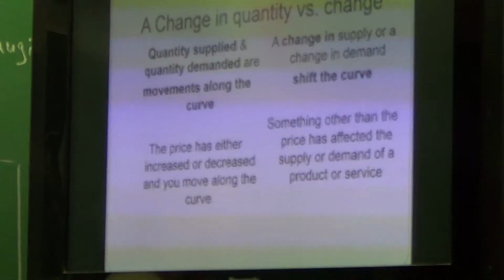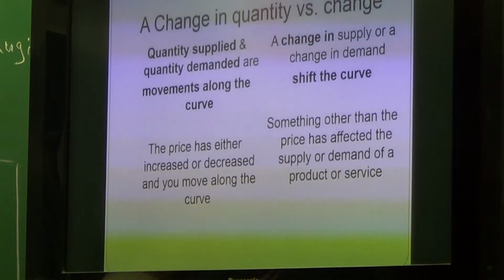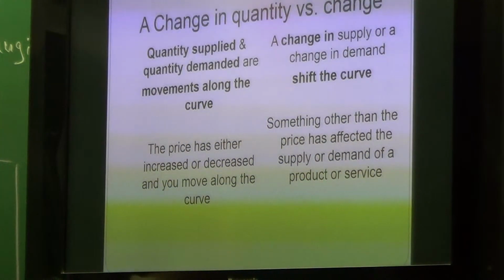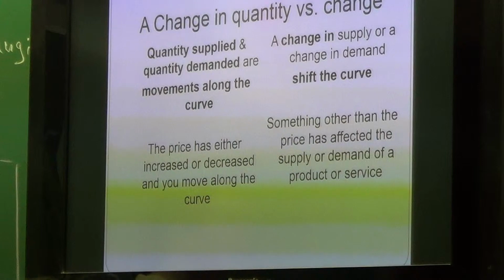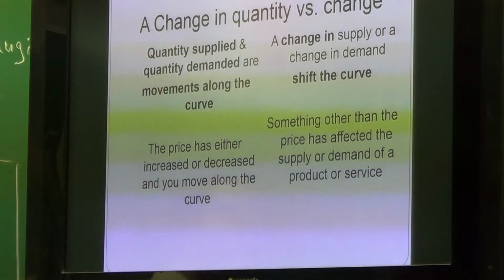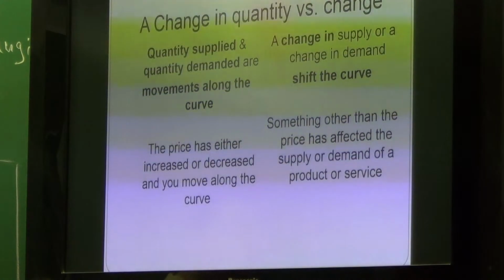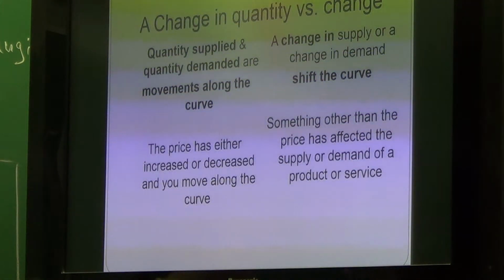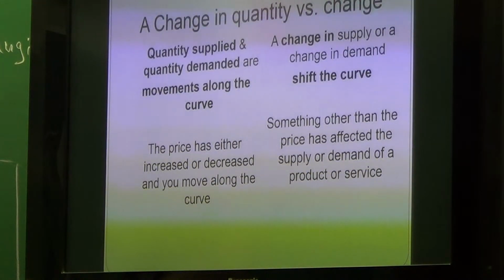So when we were looking at hot dog graphs and then the effect of a change in the price of hamburgers, that change in hamburgers caused a change in the supply or the demand of hot dogs. So that's why it shifted, because there's a change other than the price of the hot dog, right?